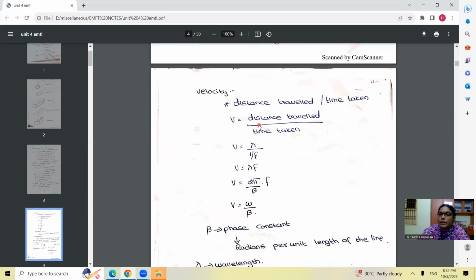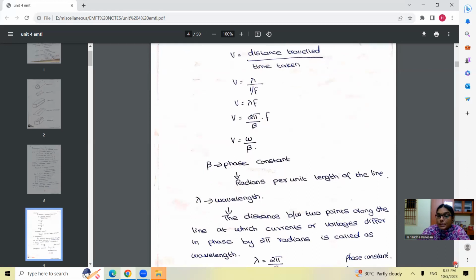How do I write the distance traveled in terms of lambda? We know lambda is the wavelength. Wavelength is the distance between two points along the line at which the current or voltage differs in phase by 2 pi radians. So velocity is equal to lambda divided by 1 by f, so I can write v equal to lambda times f.